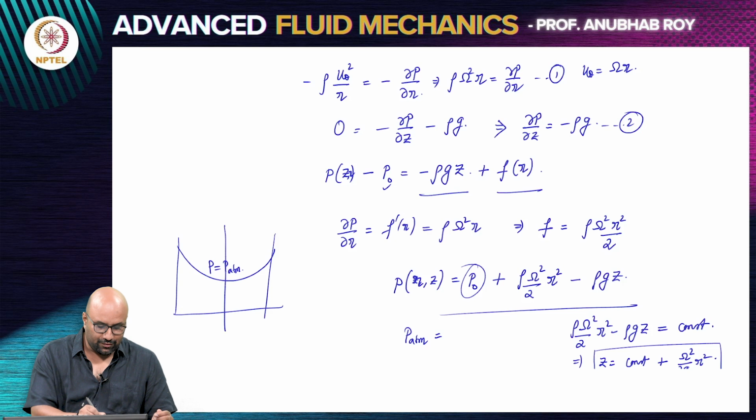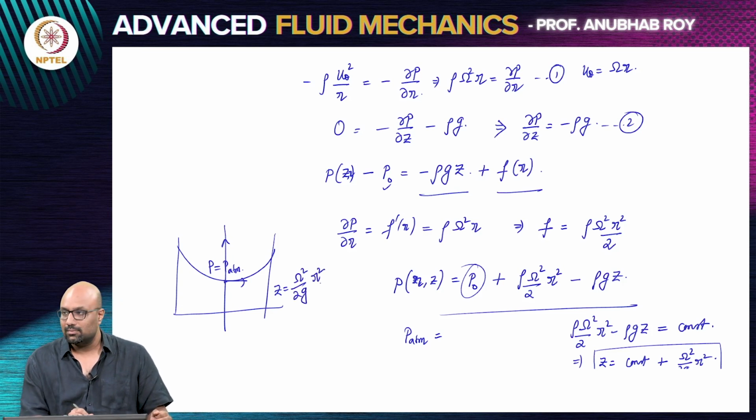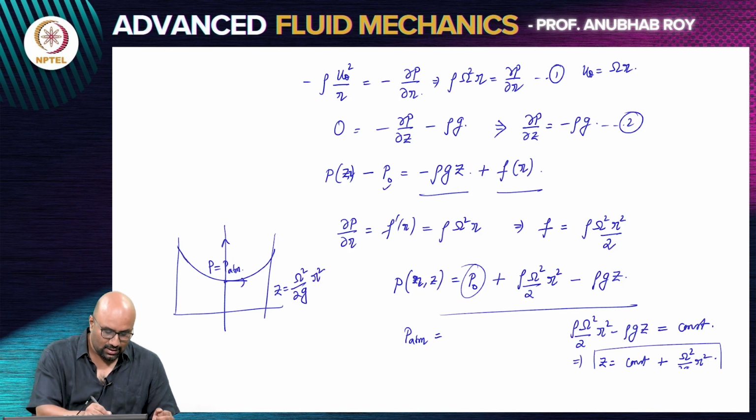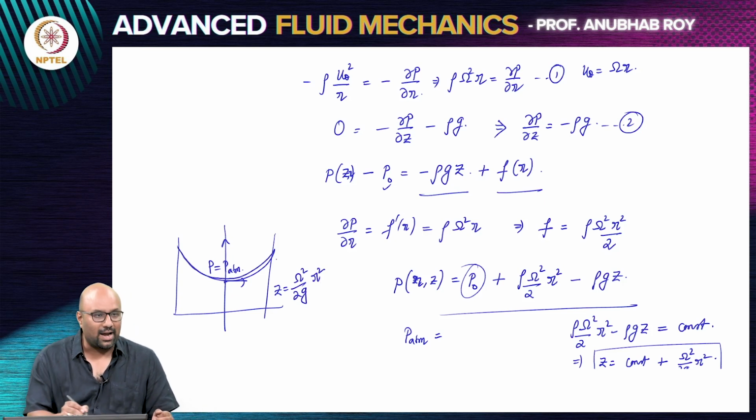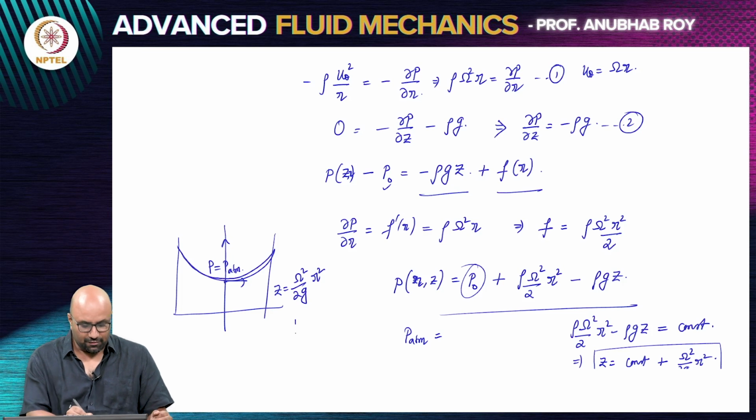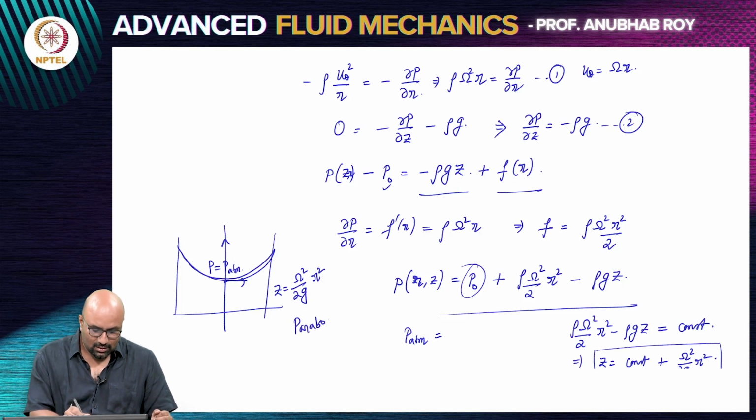If I fix my constants such that, in this coordinate system, I am basically evaluating this to be the origin, so if this is my z equals 0, then I will have a free surface that is given as z equals omega square by 2g r square, which will look like a paraboloid. So, the free surface is a paraboloid.